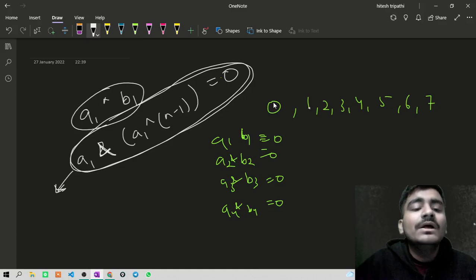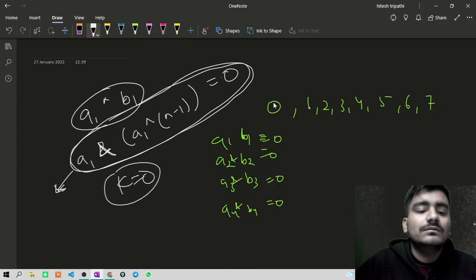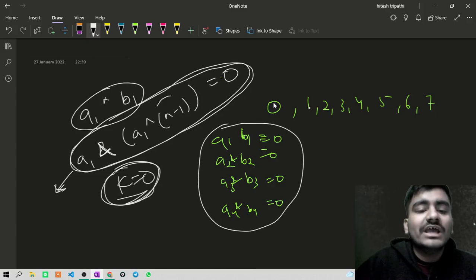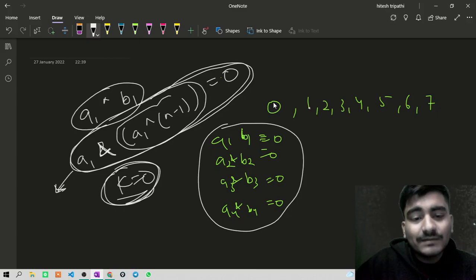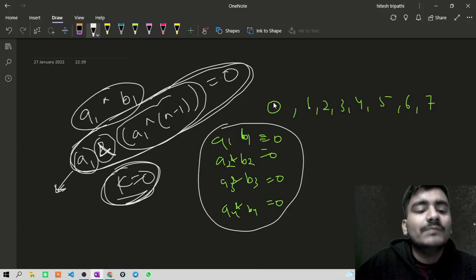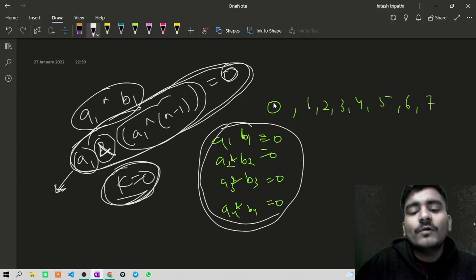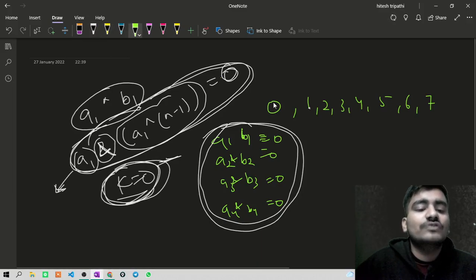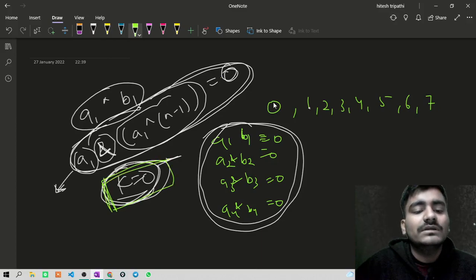So I already know for k equal to 0, how I can make n by 2 pairs by using n minus 1 to make the complement of some number, and after doing bitwise AND of some number with its complement, it will become equal to 0, and the sum of the bitwise AND of all the pairs will be equal to 0. So I already know the solution for k equal to 0 in this way.